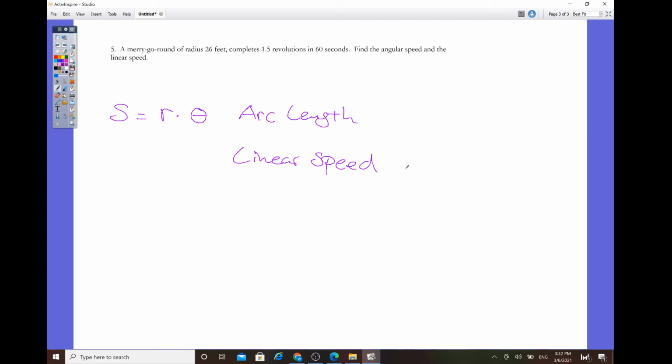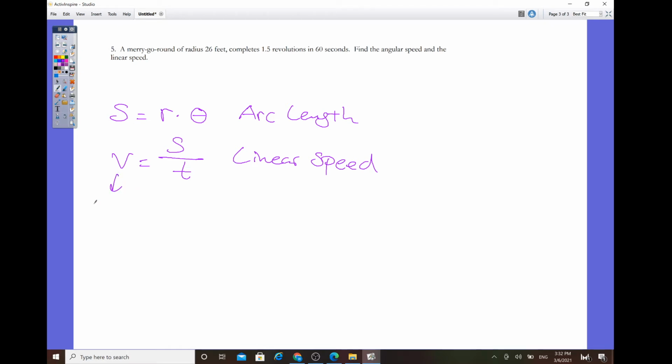So let's say that we do have the speed of a car, how fast you drive, things like that. How long does it take to go to 60 miles per hour for the car? That would be about acceleration, but now we're talking about the linear speed. So how fast you drive. The formula for that one would be arc length divided by the time. Again, arc length divided by the time.